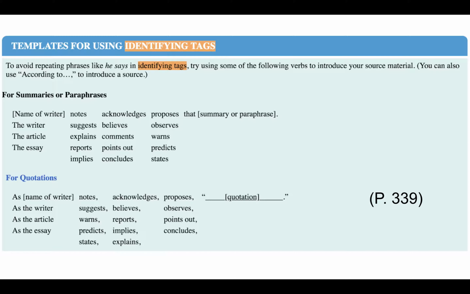This is a really helpful box to help you pick a good signal phrase. So the article explains, the essay suggests, right? So you can sort of mix and match these to help you lead into your summaries, paraphrases, or quotations. So if you find yourself with dropped quotations, come back to this box.